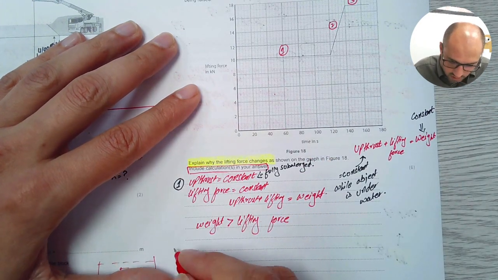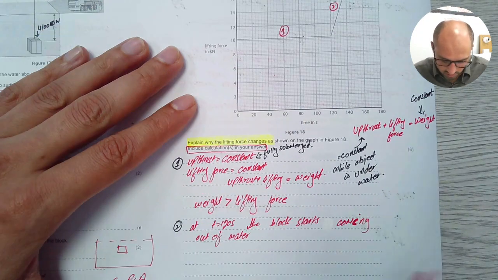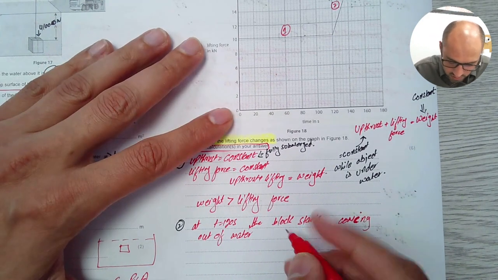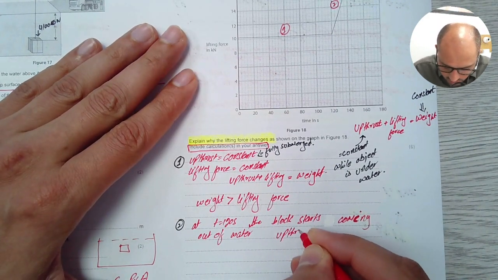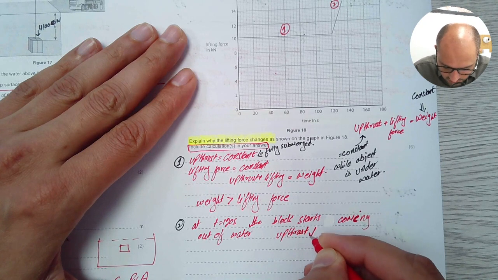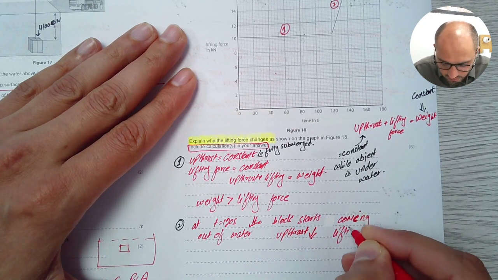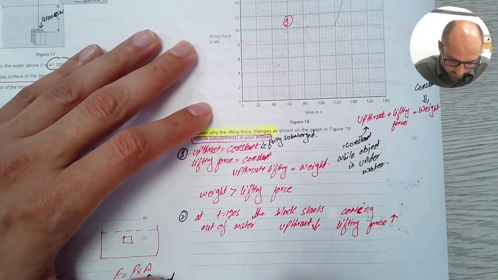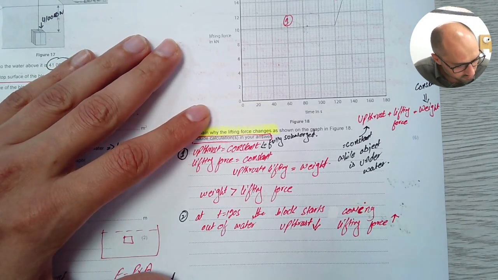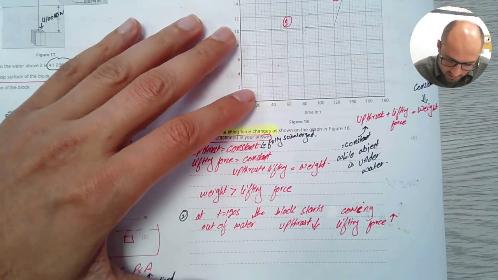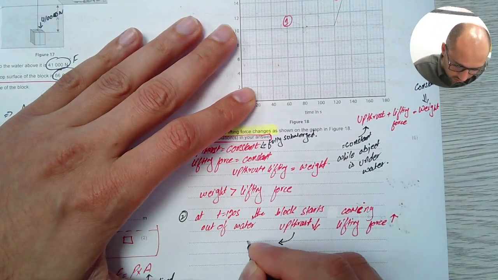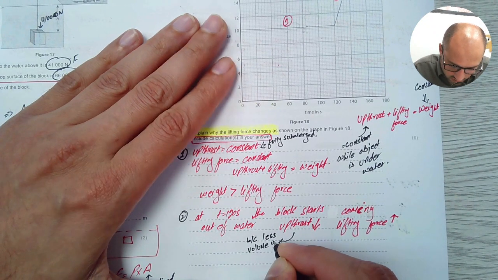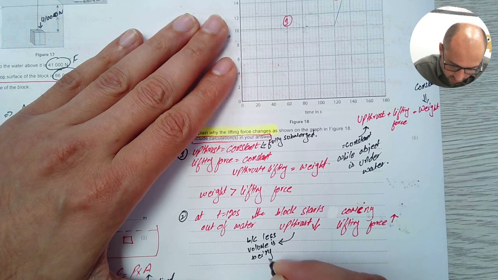Now for section 2, I can say at t equals 120 seconds, the block starts coming out of water. Upthrust decreases and lifting force increases. Now, why is this happening? In this case, because less volume is being displaced.